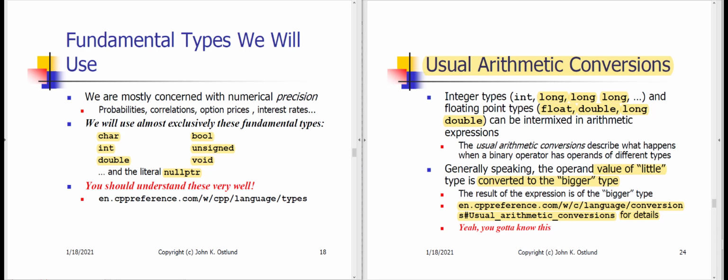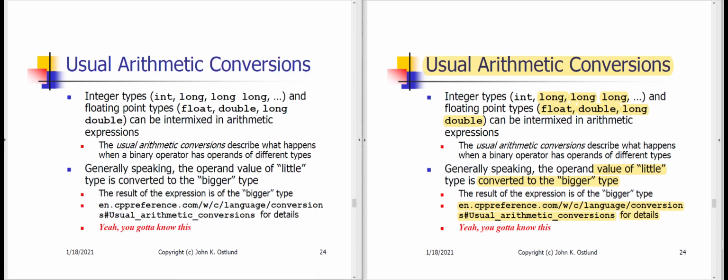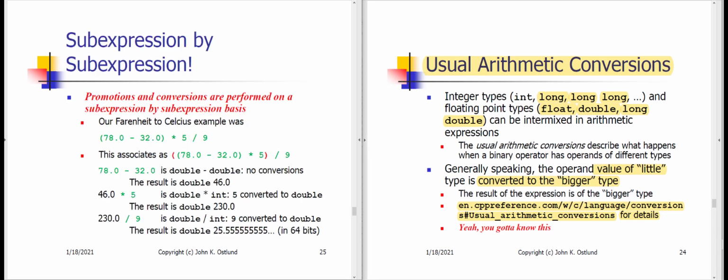On the other hand, if double is involved, then both operands are converted to double before the arithmetic operation is performed. Now, the integral promotions and the usual arithmetic conversions, it's important to understand, are performed one subexpression at a time, following the precedence and associativity rules for the values involved.